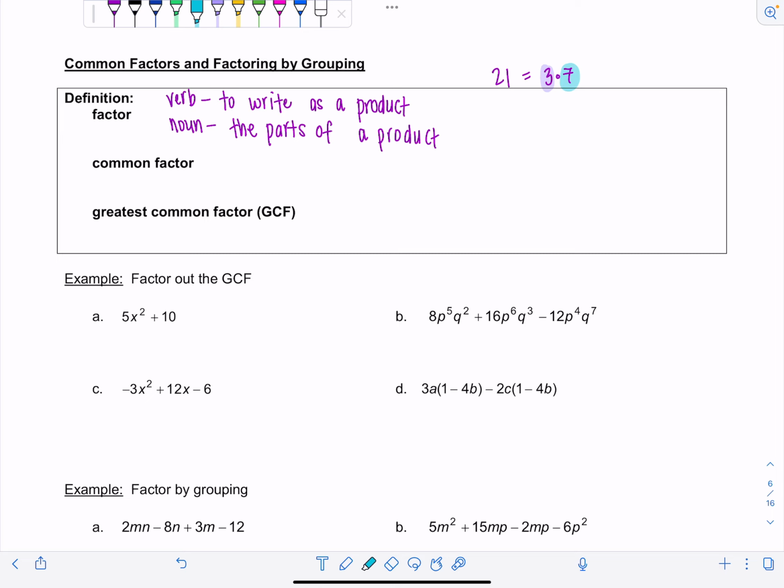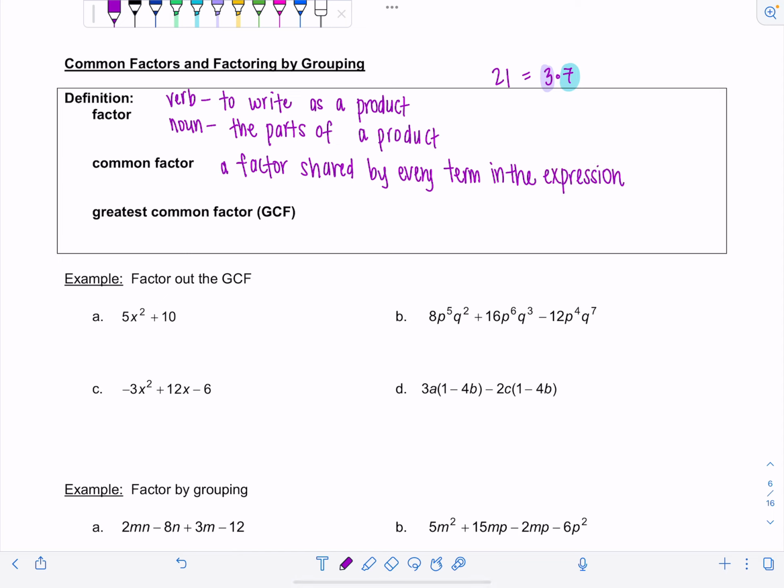Okay? Fabulous. Next definition, common factor. That is a factor that is shared by every term in the expression. Okay, so if you have multiple terms, typically we work with polynomials.